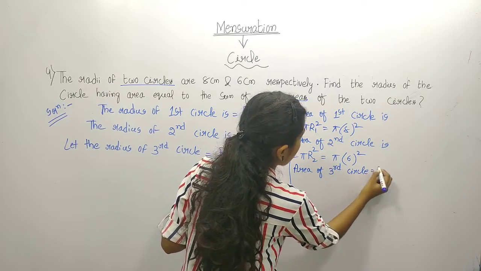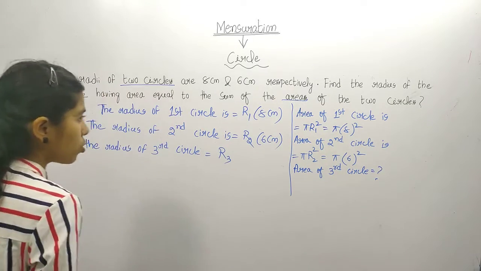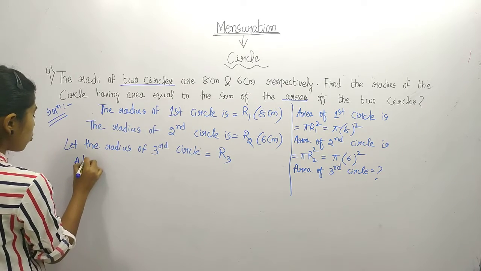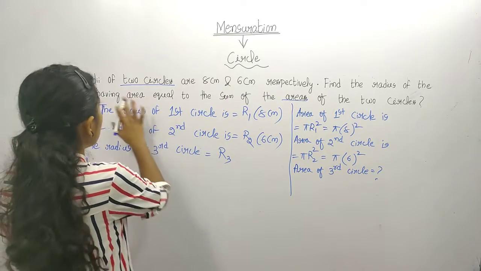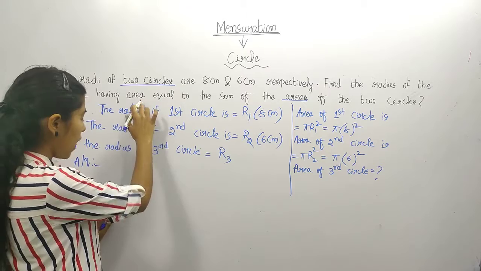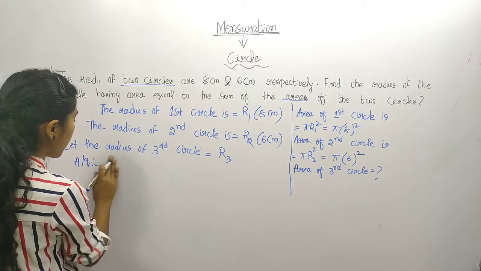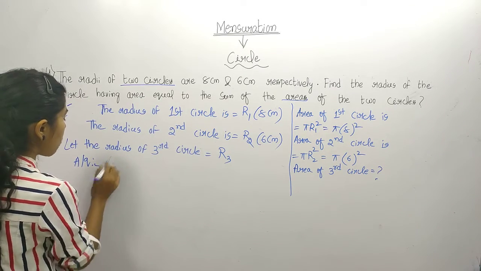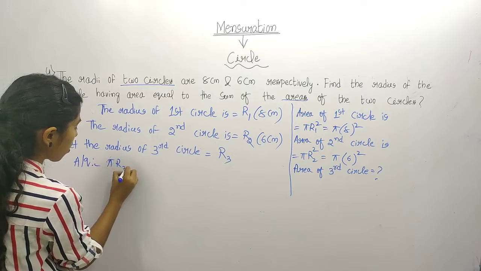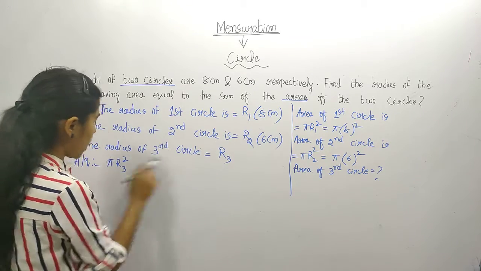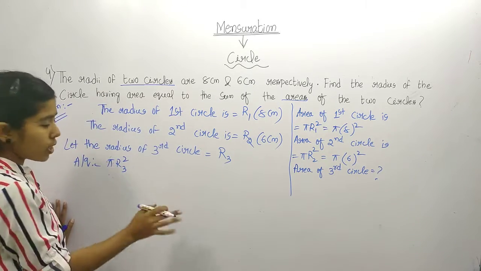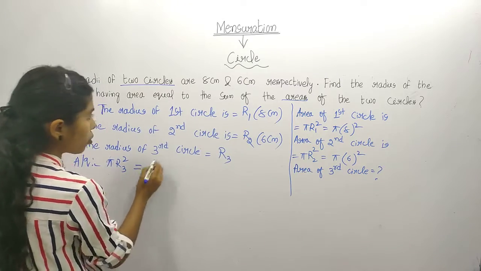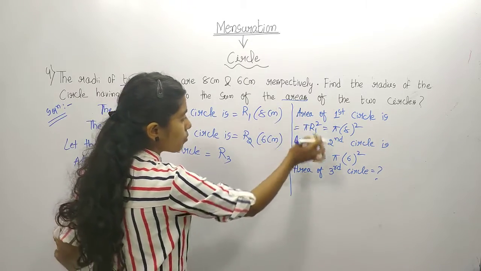Okay, so here you see, now come to the question. According to the question, the area of the third circle is how much? Pi r3 square. We have taken it as r3 now. So pi r3 square, area of the third circle, is equal to the sum of the areas of these two circles.